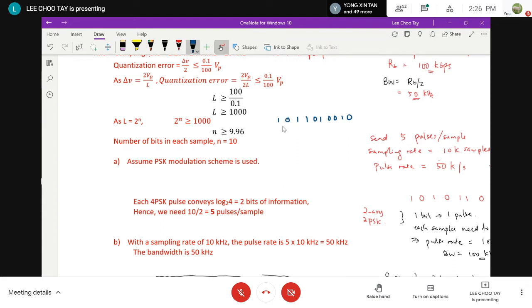So in 4-ary pulses, this 2 bits is carried by one pulse, this 2 bits is carried by one pulse, and this 2 bits is carried by another pulse. This is how the 4-ary pulses are used to carry the binary information.